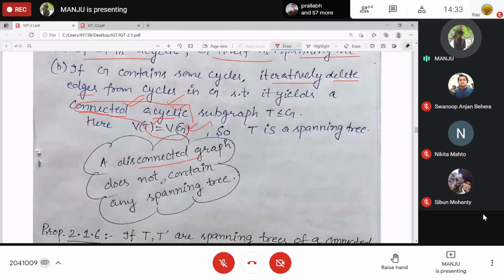This connected graph does not contain any spanning tree. I'm just giving you one example. This is the graph G. Can you give me two spanning trees for this one?